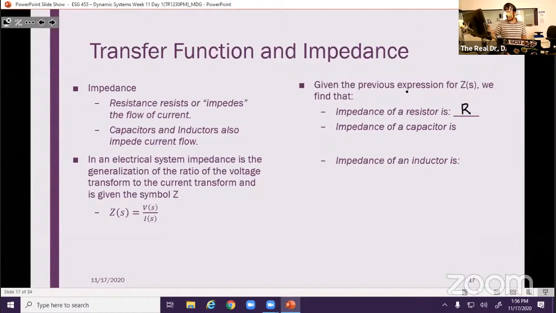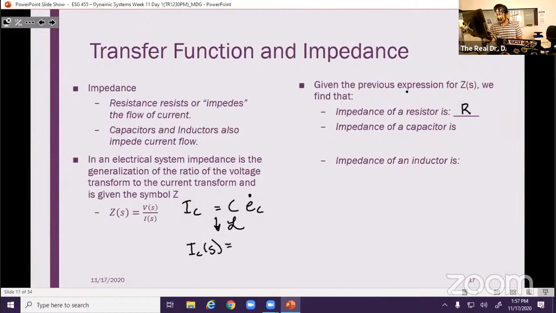So that one was easy. What about the impedance of a capacitor? Close, close. Let's run it through. I've got I C of T is equal to C E dot C. I take the Laplace transform.